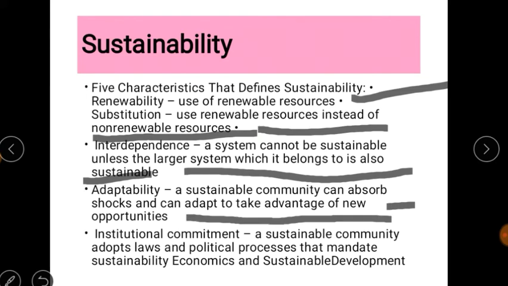Then institutional commitment, a sustainable community adopts laws and political processes that mandate sustainability, economics and sustainable development. We have the regulatory authority, government or political decision makers, who can make sustainable development a must, and that is also required for sustainability.